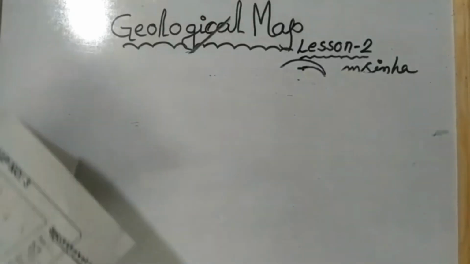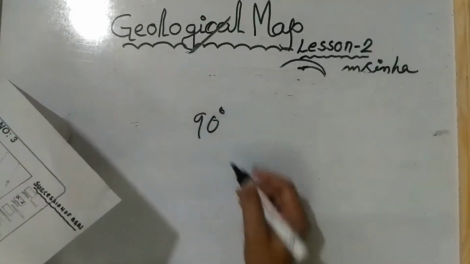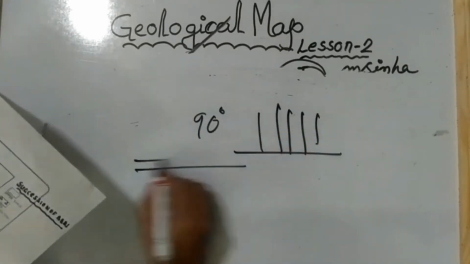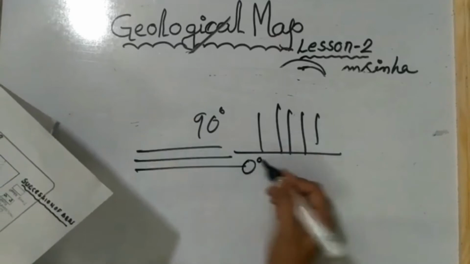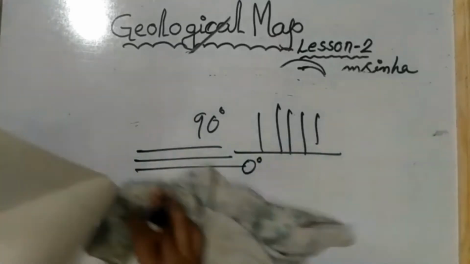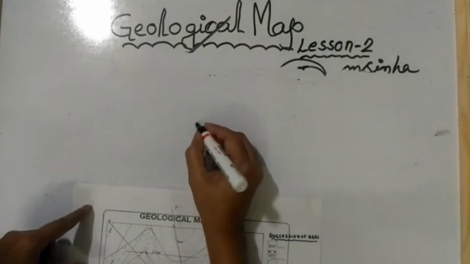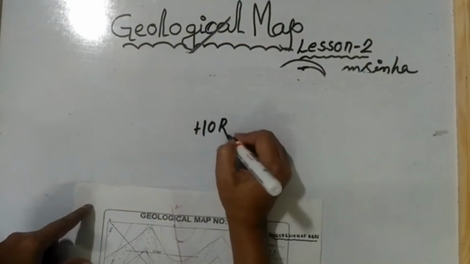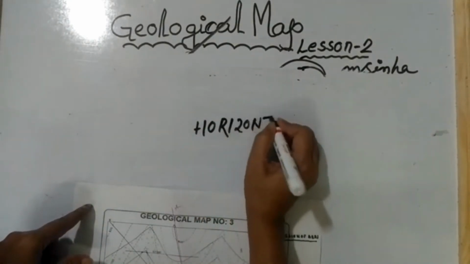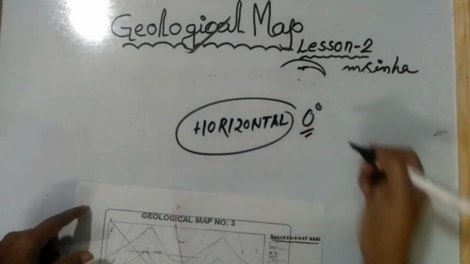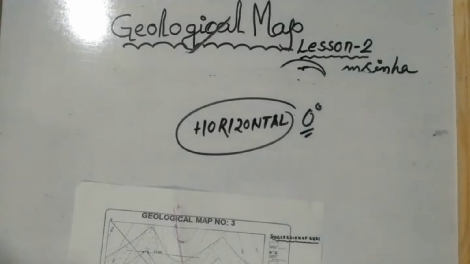Either the bed is perpendicular, that is 90 degrees, or beds are lying parallel to each other, that is 0 degree. If contours and beds run parallel and never intersect each other, the beds are horizontal, and the dip is 0 degree.